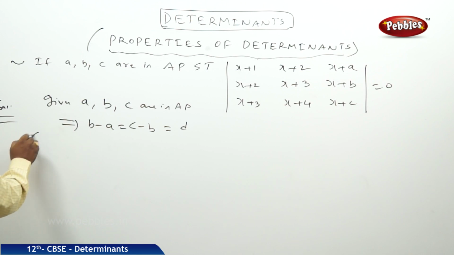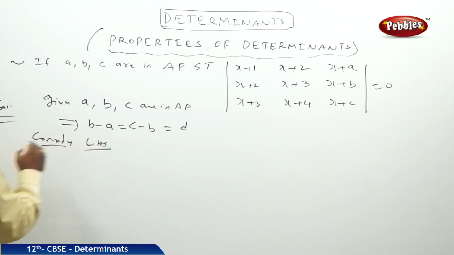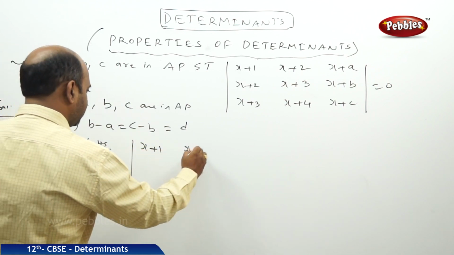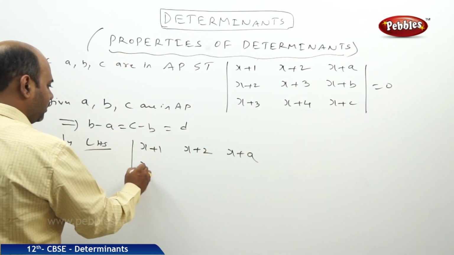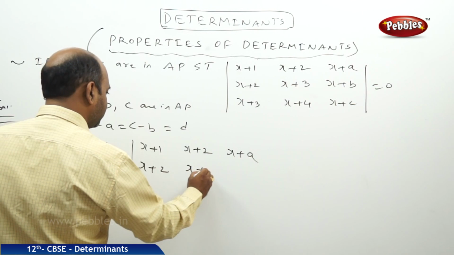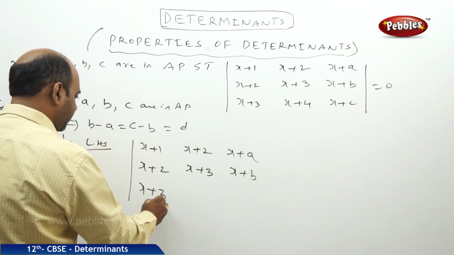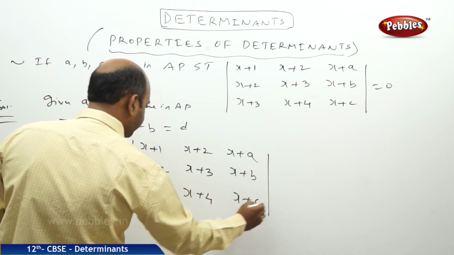Now I'll be considering our LHS. What is our LHS? x plus 1, x plus 2, x plus a; x plus 2, x plus 3, x plus b; x plus 3, x plus 4, and x plus c.